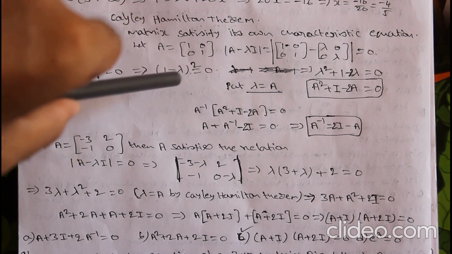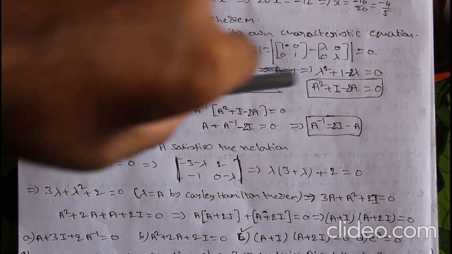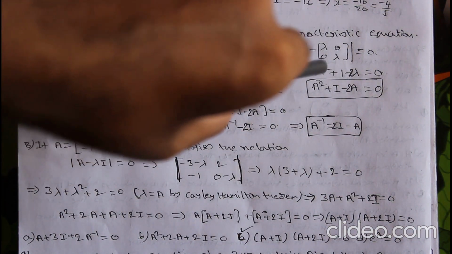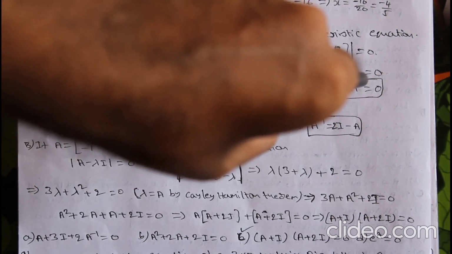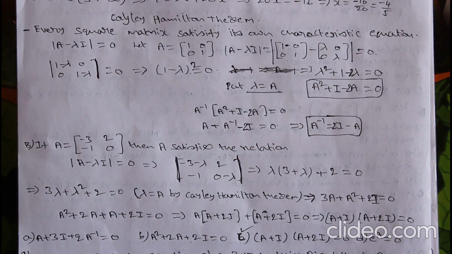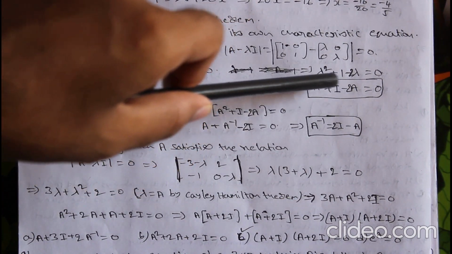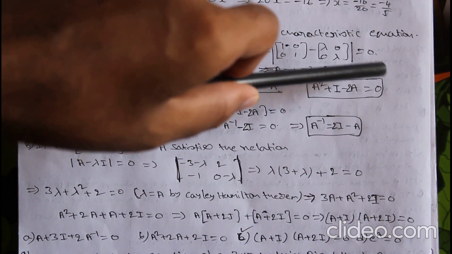Now expand this. This is in the form of (a minus b) whole square, so a square plus b square minus 2ab. So lambda square plus 1 square minus 2 into lambda into 1 is equal to 0. Now according to the Cayley-Hamilton theorem, every square matrix satisfies its own characteristic equation. So the characteristic equation is lambda square plus 1 minus 2 lambda equal to 0.